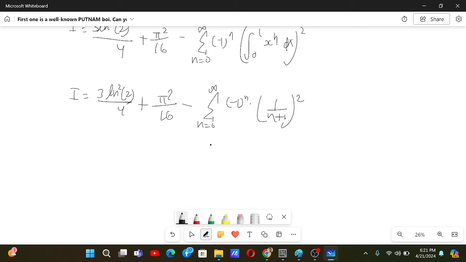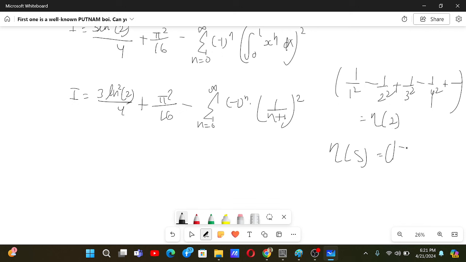If you now try to see this sum, it is just 1 by 1 squared minus 1 by 2 squared plus 1 by 3 squared minus 1 by 4 squared. This is just the eta function of 2. We know that the eta function of s is just (1 minus 2 by 2 to the power s) times the zeta function of s.